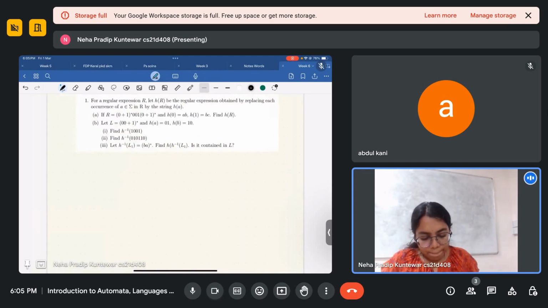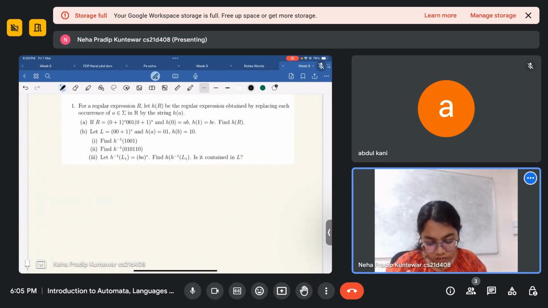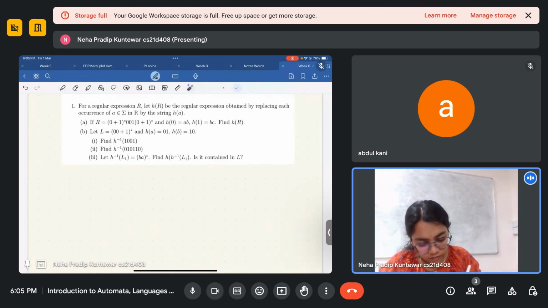Let's see the first example. Let's say you have a regular expression R, which is (0 + 1) star, 0 0 1, followed by (0 + 1) star. And what does the homomorphism do?